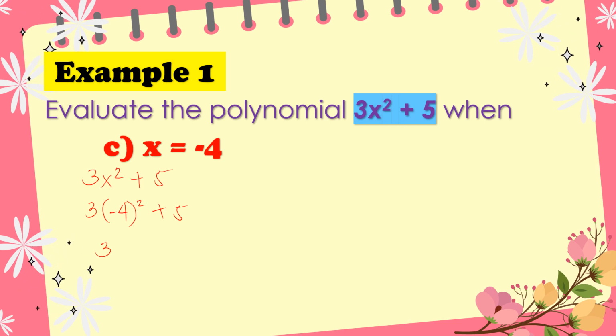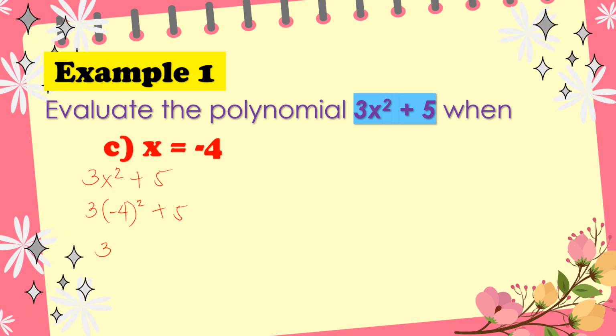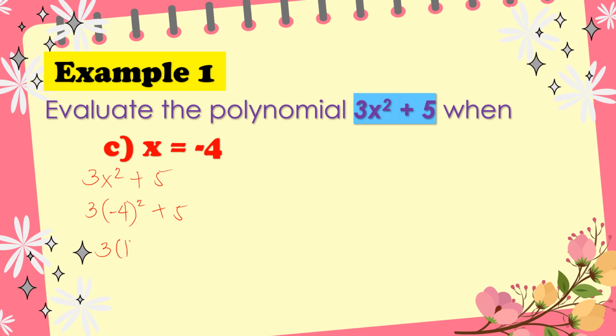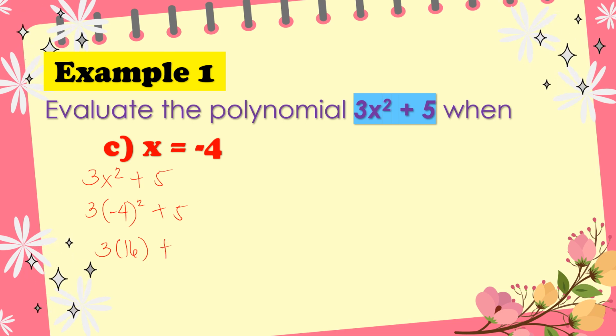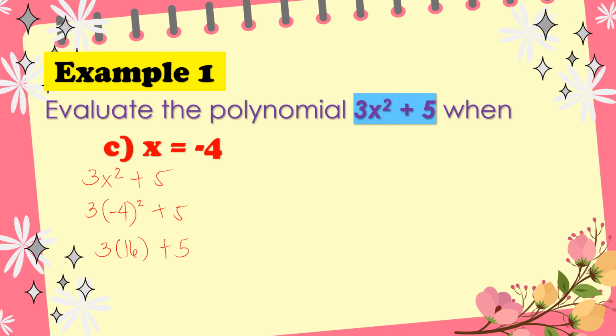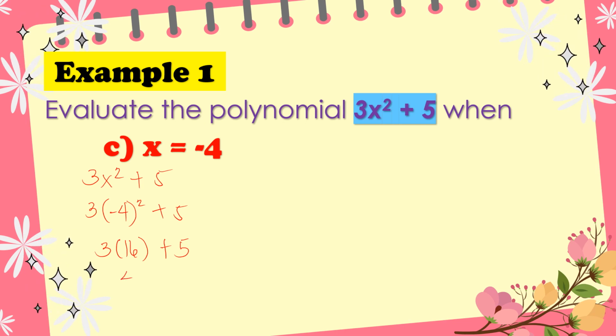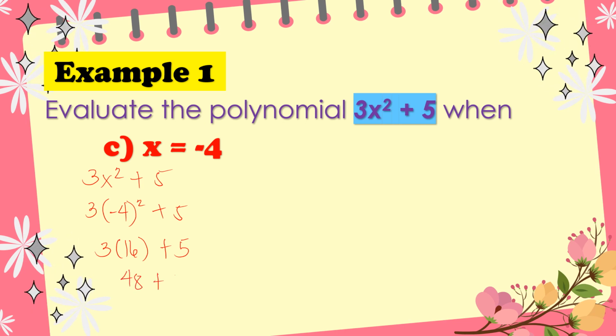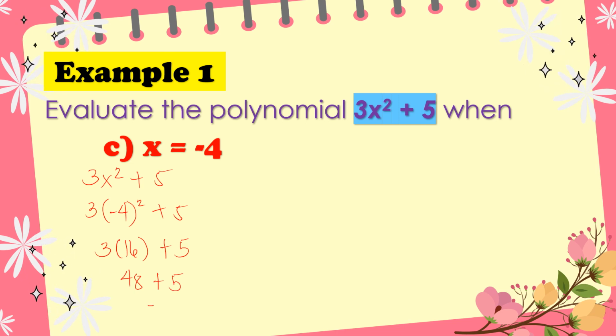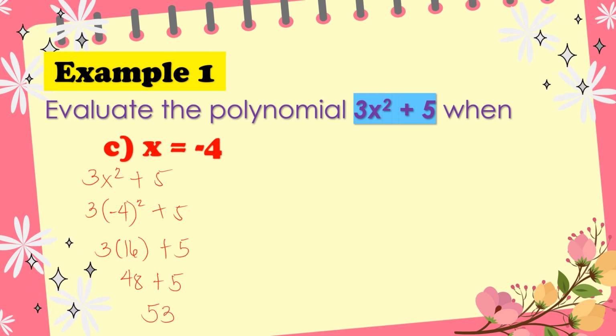So, negative 4 squared is the same as negative 4 times negative 4. That is positive 16. And then, simplify the multiplication before we add. So, 3 times 16, you will get 48 plus 5. Simplify further, you will get 53.